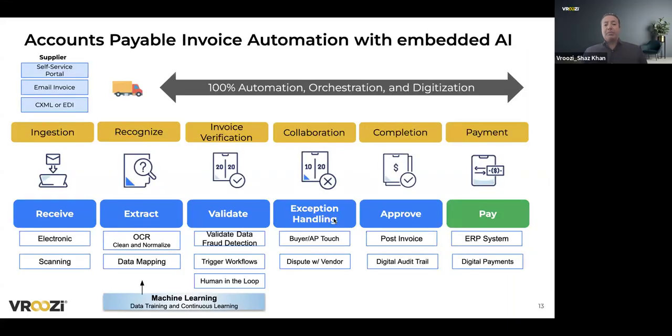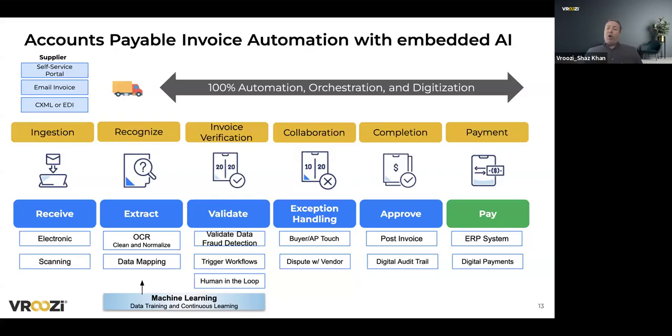So when you look at accounts payable invoice automation, or APIA, with embedded AI, what you are really talking about is 100% automation, orchestration, and digitization, where you can ingest invoices in any format, whether it's unstructured or structured data. You can extract that data, recognizing it in multiple different languages on the header and line item. You can validate with AI-based tool sets in terms of whether there's fraud, whether there's a duplicate.